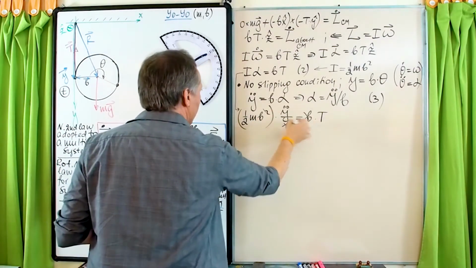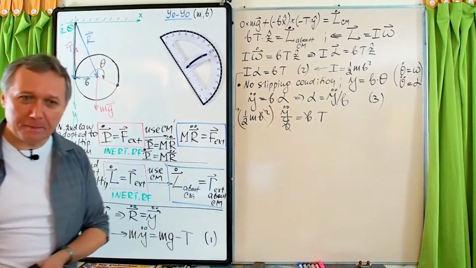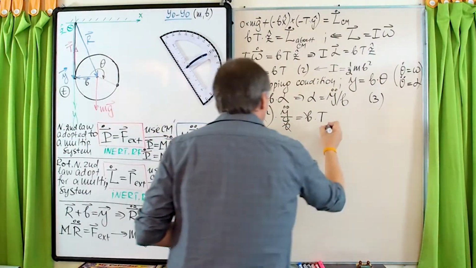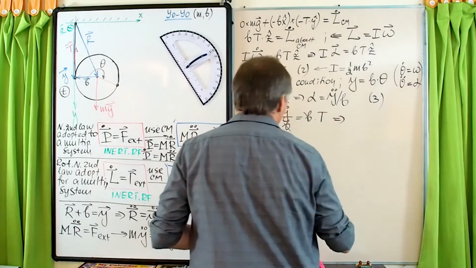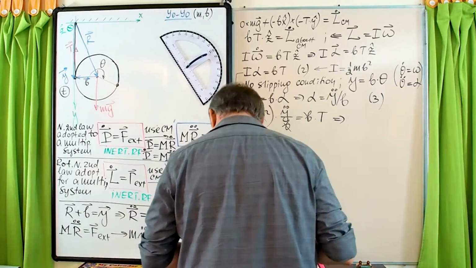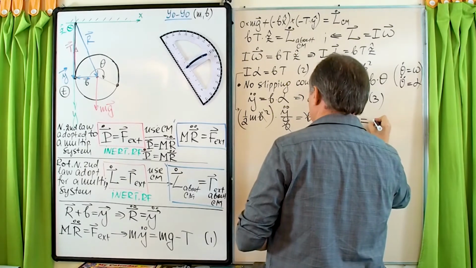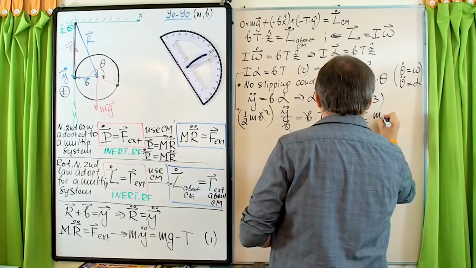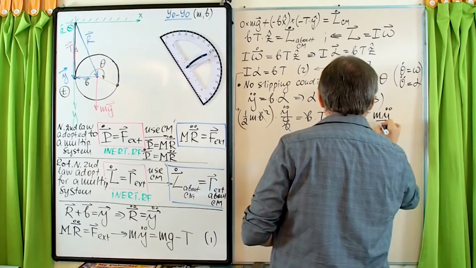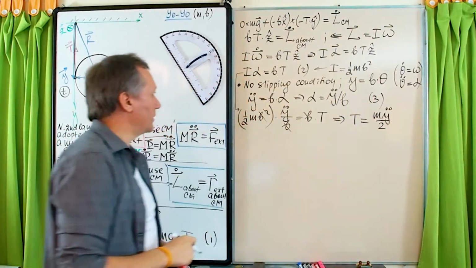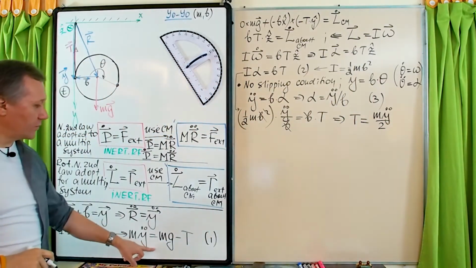Of course, the whole B gets cancelled. And from here we can get that t equals m y double dot divided by 2. And now plug it into the first equation.